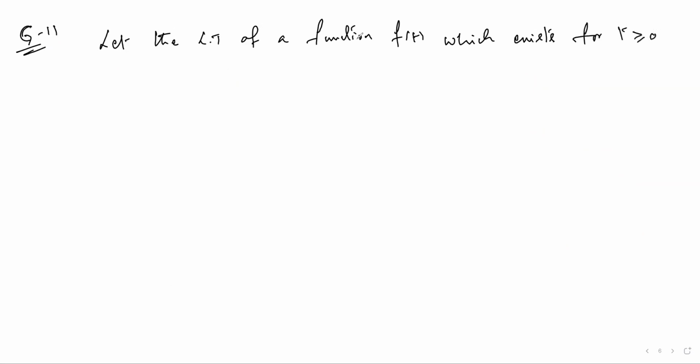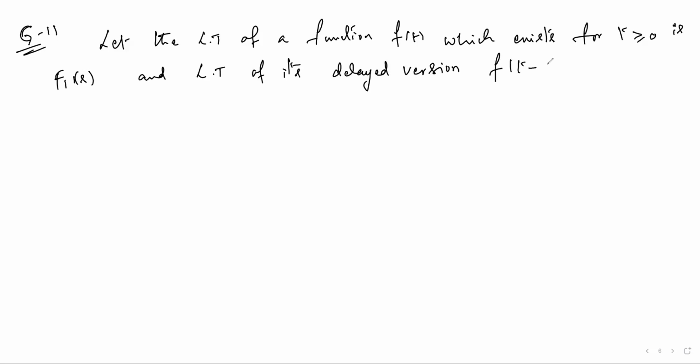Let the Laplace transform of a function f of t which exists for t greater than or equal to 0 be F1 of s, and Laplace transform of its delayed version f of t minus t naught be F2 of s.